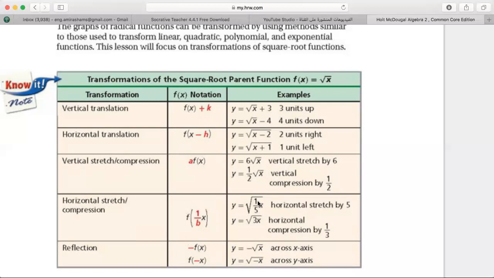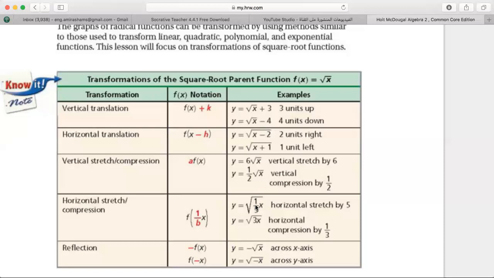If the number that is multiplied by x is a fraction like 1 over 5, the factor is 5, the inverse of it. If the number is 3, the factor is 1 over 3. This is for the horizontal stretch or compression only.